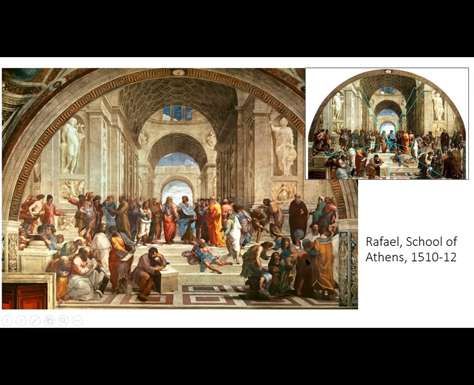The young guys are over here in this corner, and this really handsome young guy way over here in this corner is a self-portrait of Raphael. So Raphael, Michelangelo, and Leonardo are all secondary characters in this painting, basically of the major philosophers of ancient Greece.